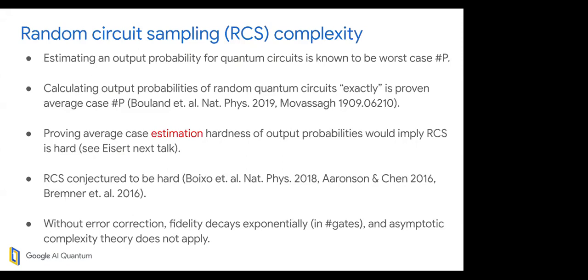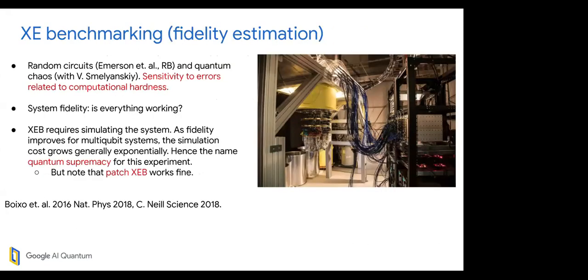Nevertheless, all these complexity theory results are important to give us confidence that this problem is indeed hard and nobody is going to come up, hopefully, with a polynomial algorithm that can really do this task. So that was part of our motivation to work on this problem.